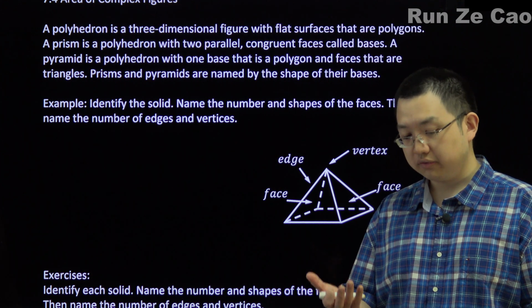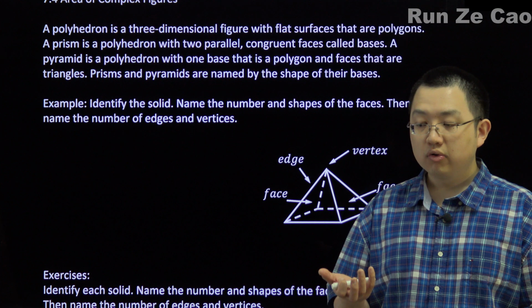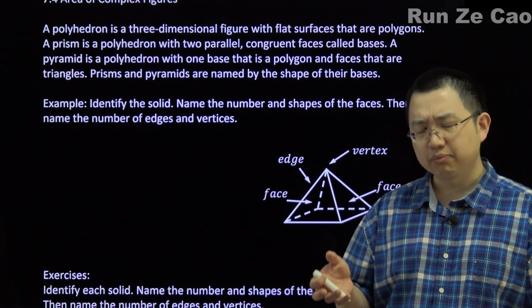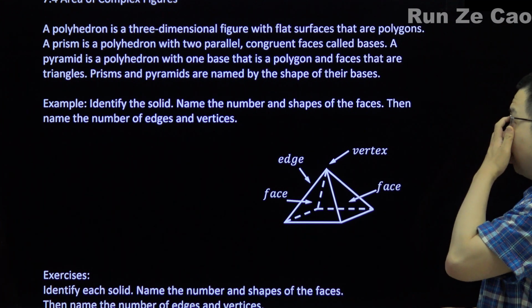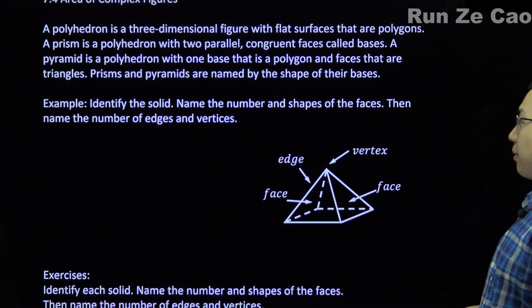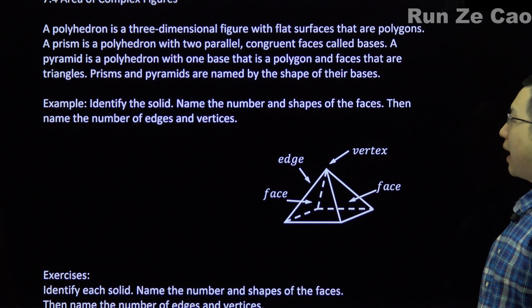In practice, though, if you've ever seen a brick in real life, no. And I'm not even talking about the types of bricks that have holes through them, okay? Those are really complex. A prism is a polyhedron with two parallel congruent faces called bases.